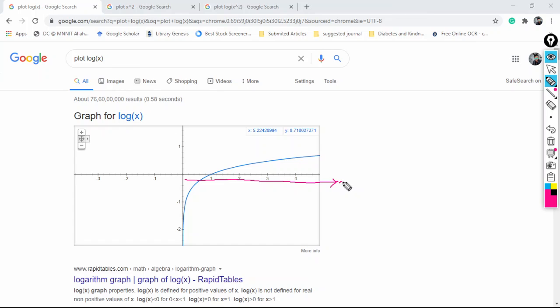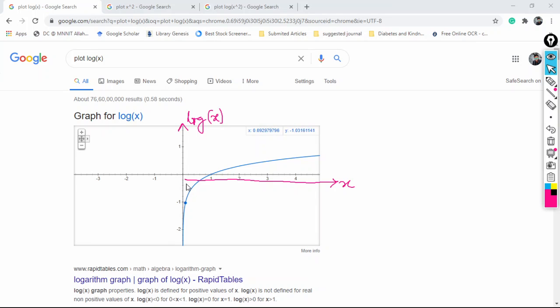This is the x, and this is our log x. If we increase the value of x, then see the value of log x, it also increases. Okay, it is a monotonically increasing function.